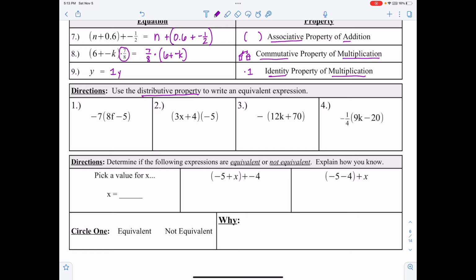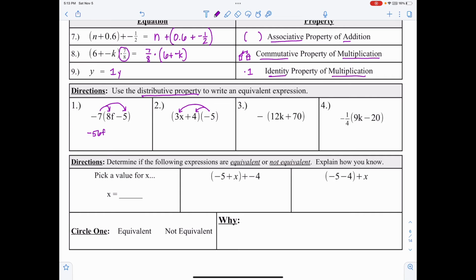What I want you to do is show the distributive arrows here, to show that you understand that process. For the one in number 2, you can see it's the -5 that can be distributed to those other factors. All right, so let's go ahead and look at this. We have the 7 times 8, but you have to pay attention to your integer rules, is -56f.